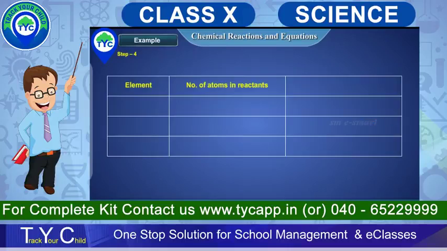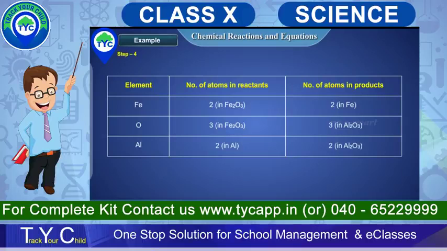Element, number of atoms in reactants, number of atoms in products. Fe: 2 atoms in Fe2O3, 2 atoms in Fe. O: 3 atoms in Fe2O3, 3 atoms in Al2O3. Al: 2 atoms in Al, 2 atoms in Al2O3.